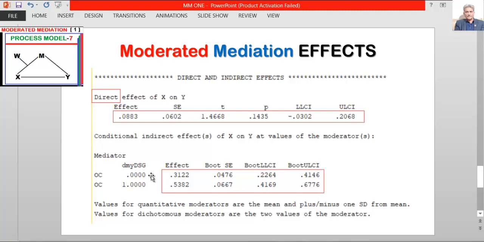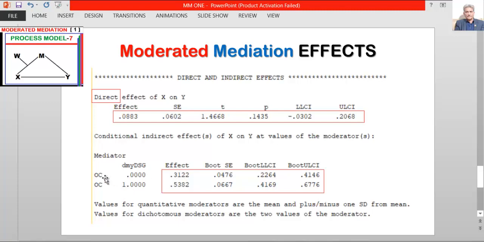The results are given here, that how far OC and the designation are affecting the Y variable along with the predictor. So mediator and dummy variable are the designation as dummy variable.